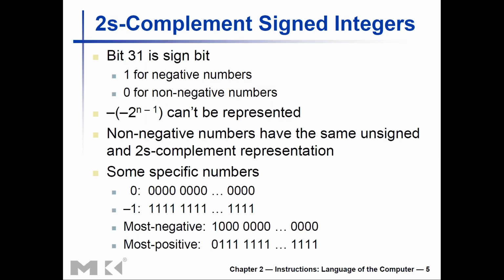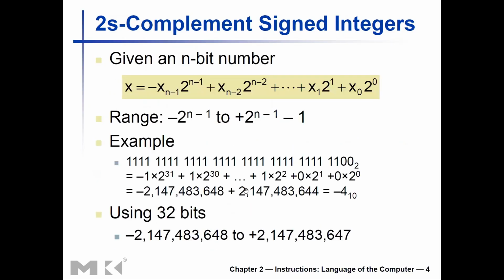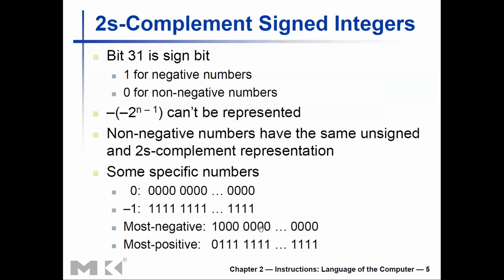And the most negative number is going to be this one, 1000, and if it is 32 bits, of course, it's going to be -2 billion, and that is equivalent to this 10000. If it is some other bit size also, it's going to be the same. The first one is 1 and the rest is 0.